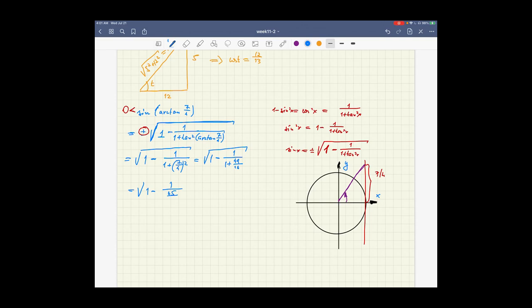So that's 65 over 16. So that is root of 1 minus 16 over 65. And that's, again, 65 minus 16. Root 49 over 65. And that is 7 over root 65.